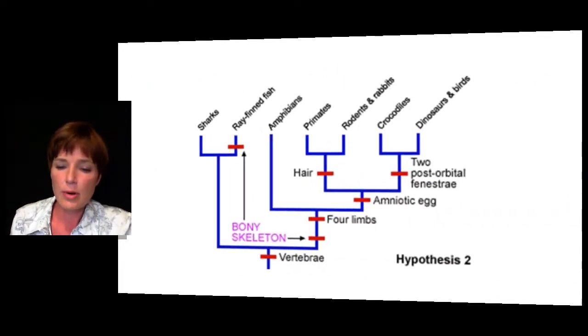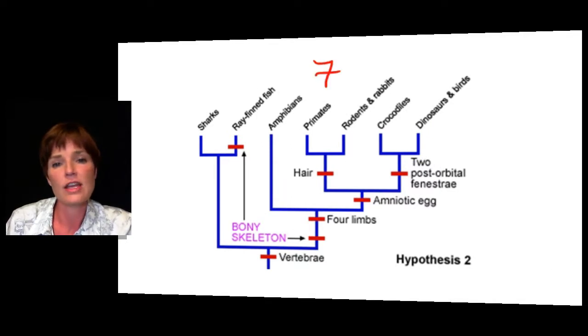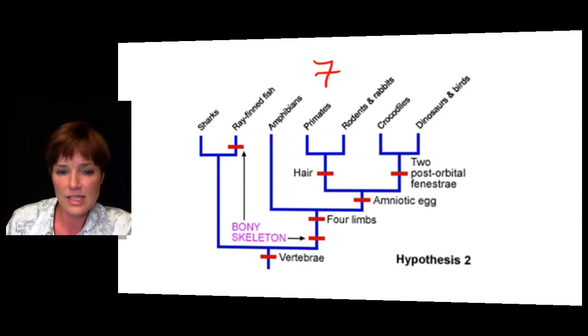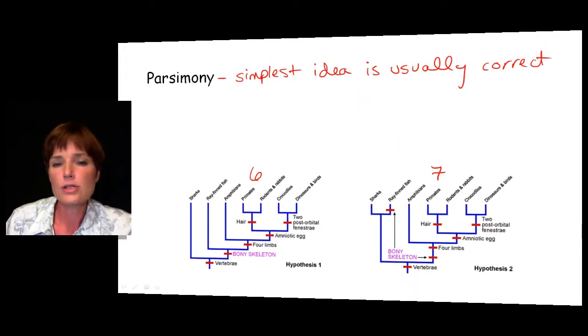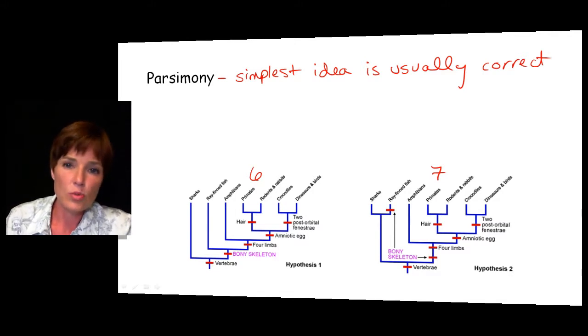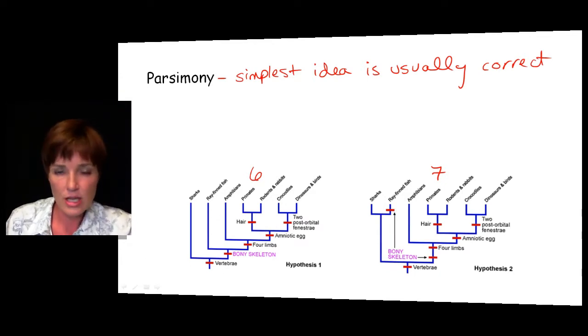In hypothesis number 2, we've got 7 evolutionary changes. So if we're using this concept of parsimony, then hypothesis 1 is most likely to be the true one, because that would be the simplest tree that we can come up with. It involves fewer changes taking place.